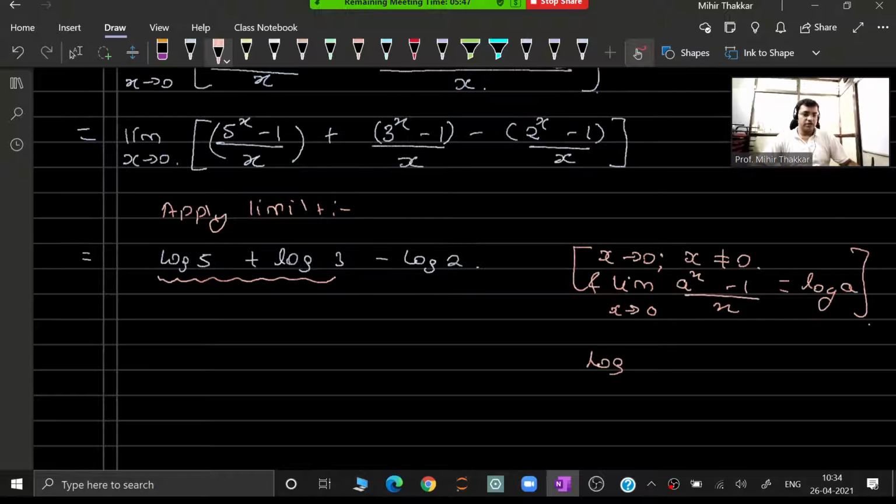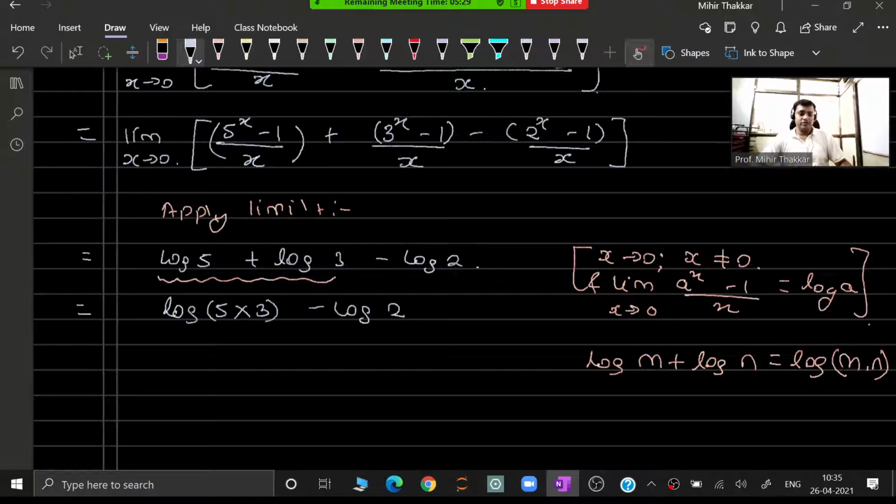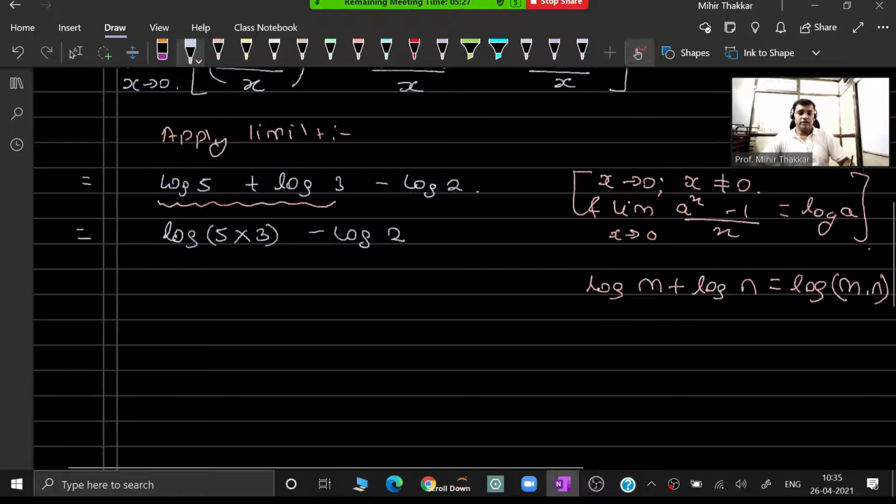So now guys, once again the first two elements have a plus sign in between, so I will be using the formula log m plus log n, which is equal to log of m into n. So this can be written as log 5 into 3 and minus log 2. For the remaining part, we have a minus sign in between.